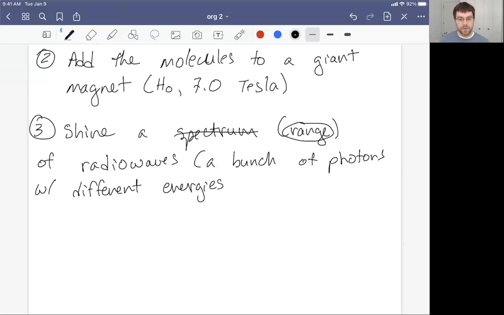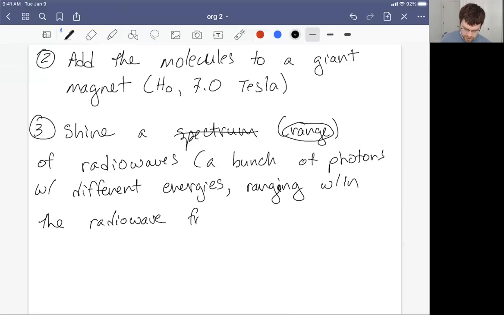Those photons with their different energies are going to be ranging within the radio wave frequencies. It's not like we're going to shine gamma rays on this thing. We're going to mostly shine radio waves. Don't worry about that technology, it's pretty easy to do.